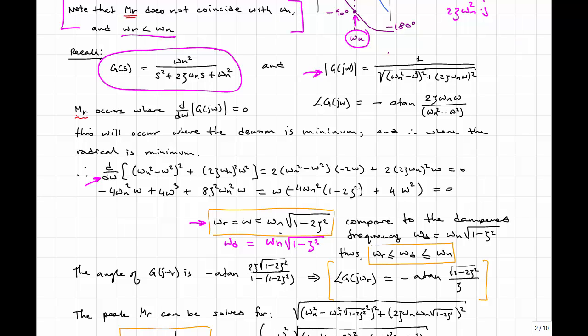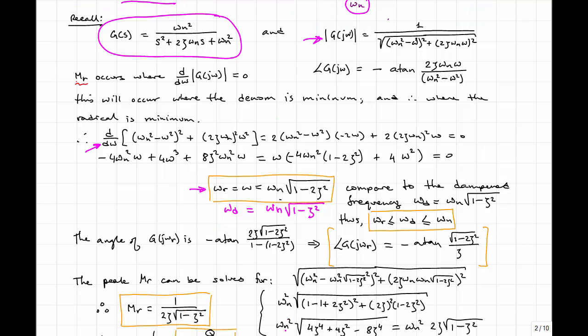There's no 2. Recall that omega d is the damped frequency. This is the frequency at which the system would naturally oscillate if you simply gave it some initial energy, and with some non-zero zeta, the system will oscillate as it decays, and the frequency at which it oscillates will be omega d.